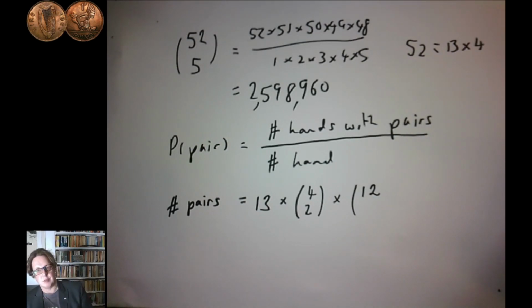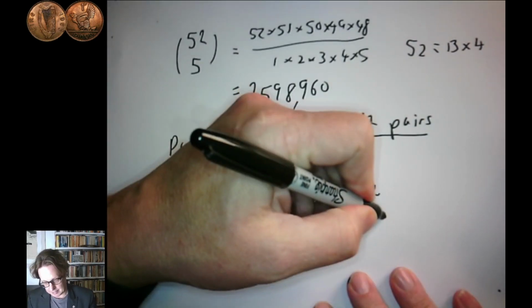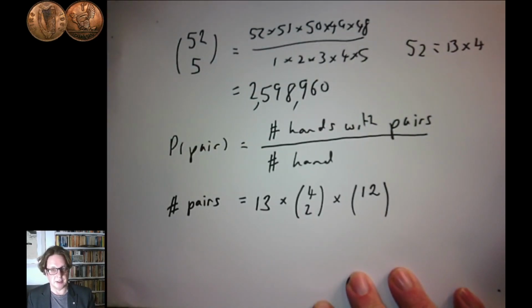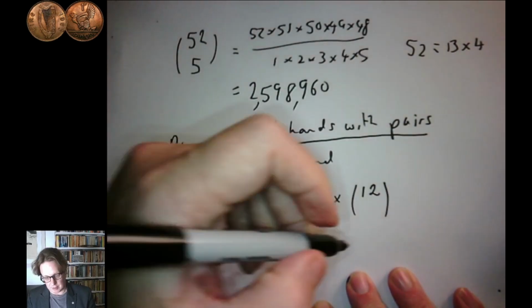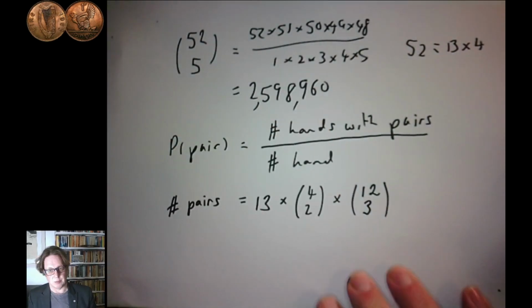Because if one of those cards was one of the remaining jacks, then that hand would be 3 of a kind. If 2 of those cards were jacks, then it would be four of a kind, much better hands. And so we have 12 possible values, and we're choosing 3 of them, because we also want them to be different values. If the remaining 3 cards contain another pair, again, that would be 2 pair, a better hand.